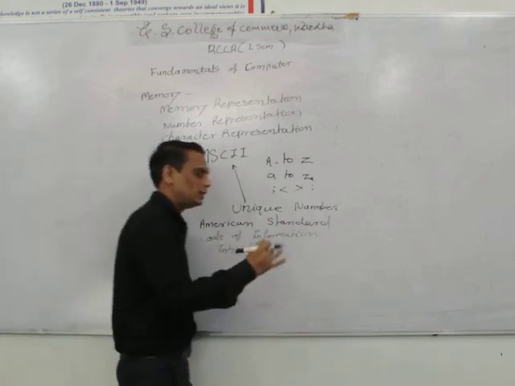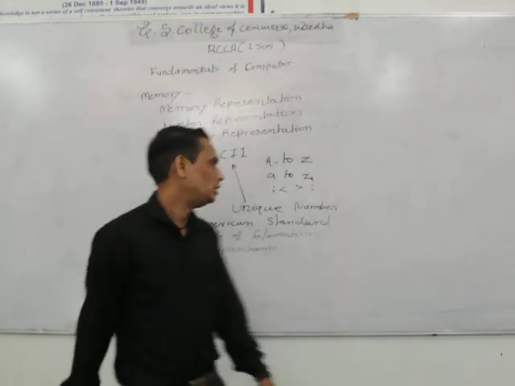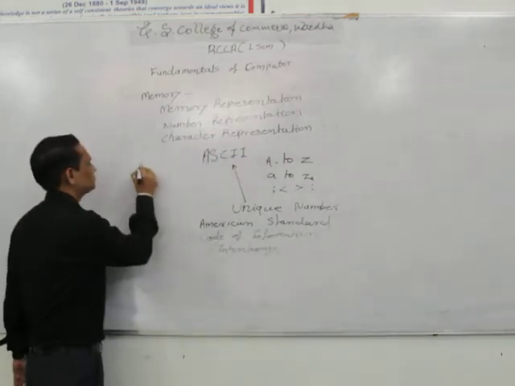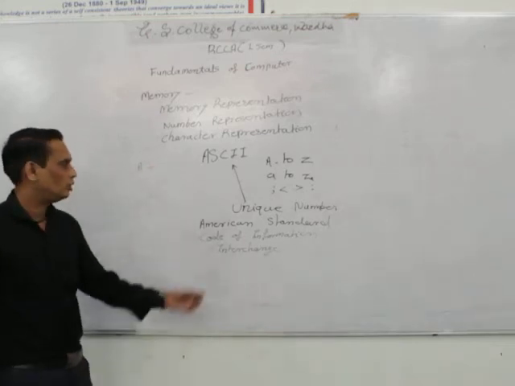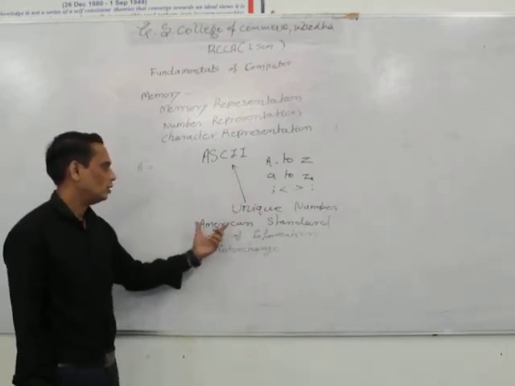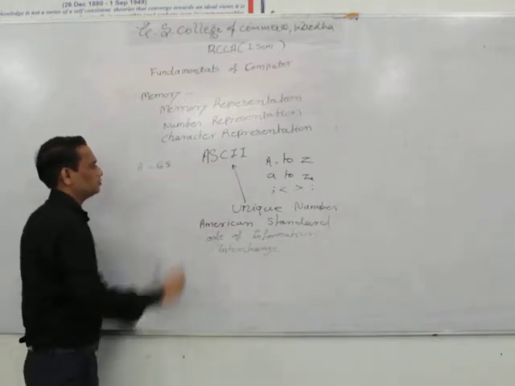So when we press any key, consider we press the A key. The A key has a specific or unique code number or ASCII number, that is 65.